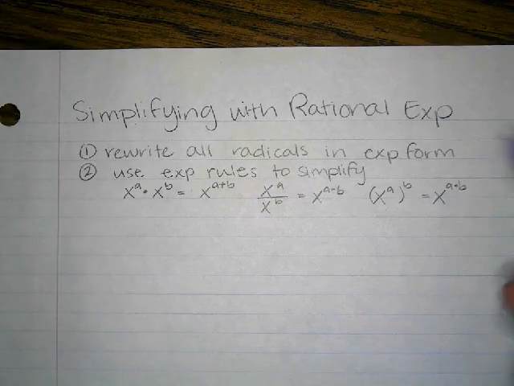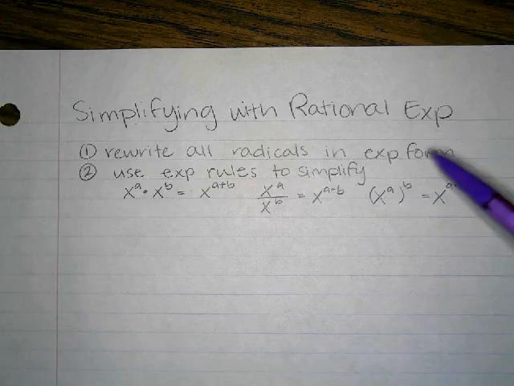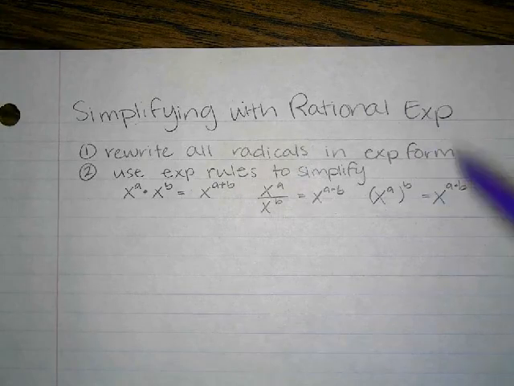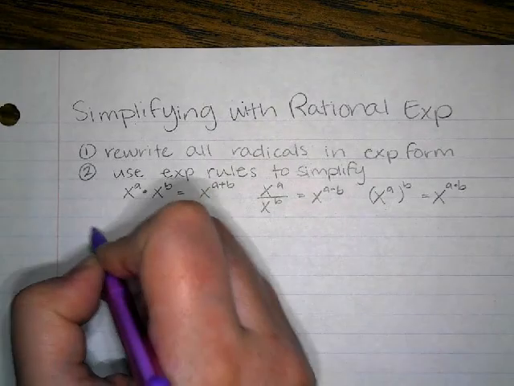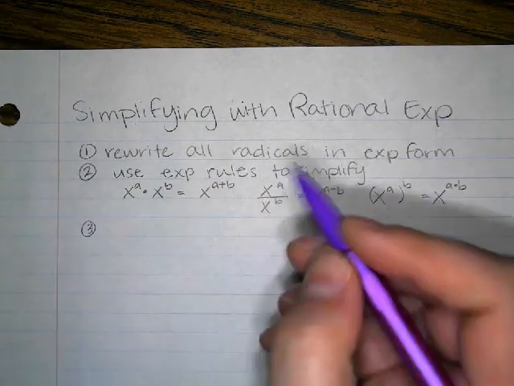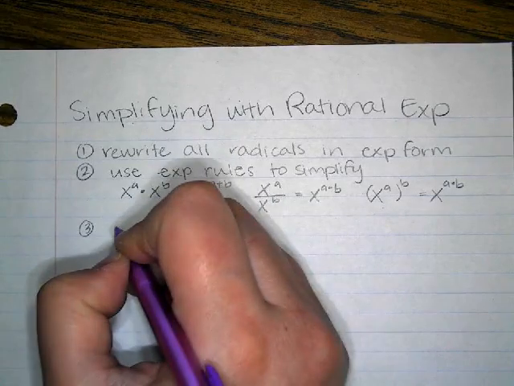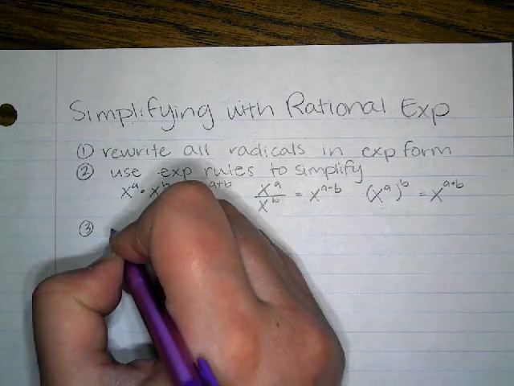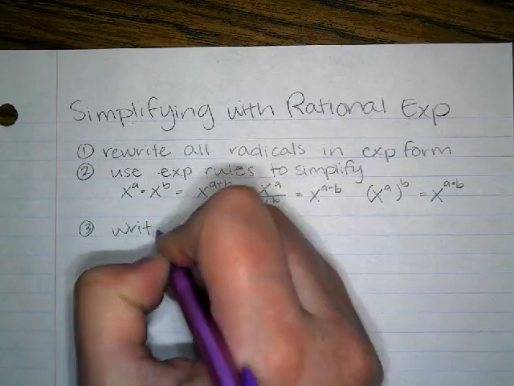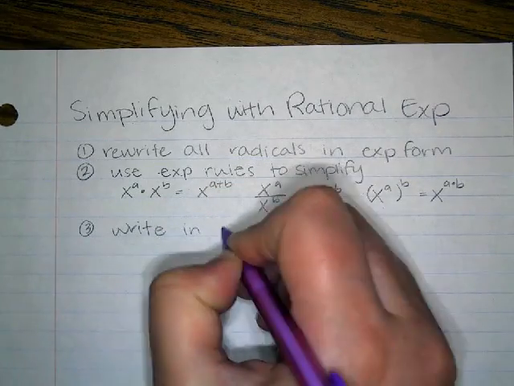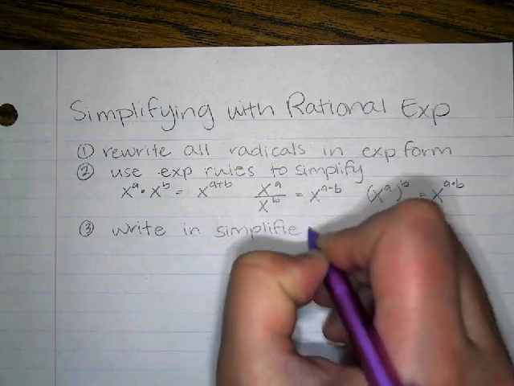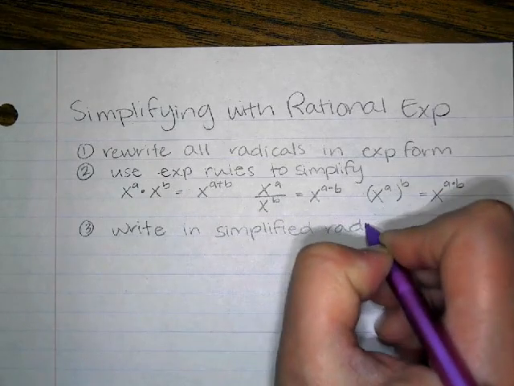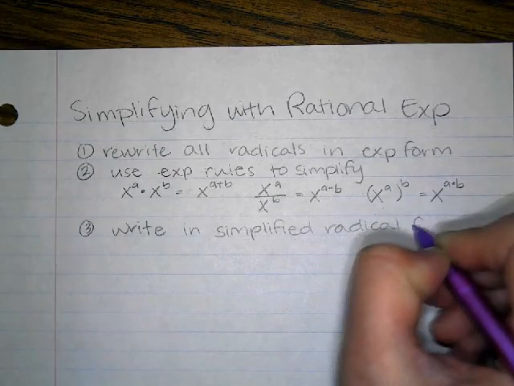So the first thing we're going to do with the problems is take all the radicals in the problem and put them in exponential form. Then we're going to use our exponential rules to simplify as much as we can. And then we're going to write in simplified radical form.